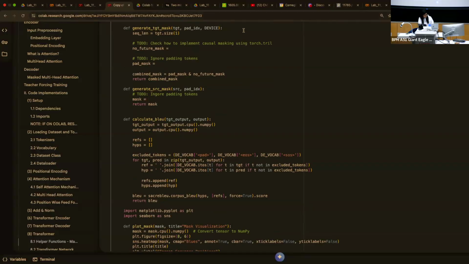Okay, so torch.tril, this is something that we use to easily apply the causal masking. And you can read more about this.